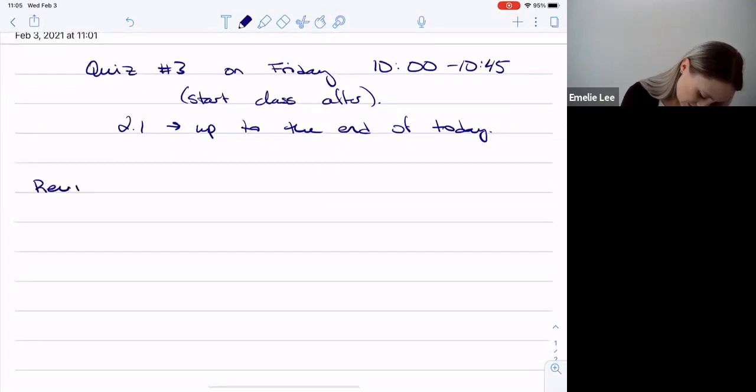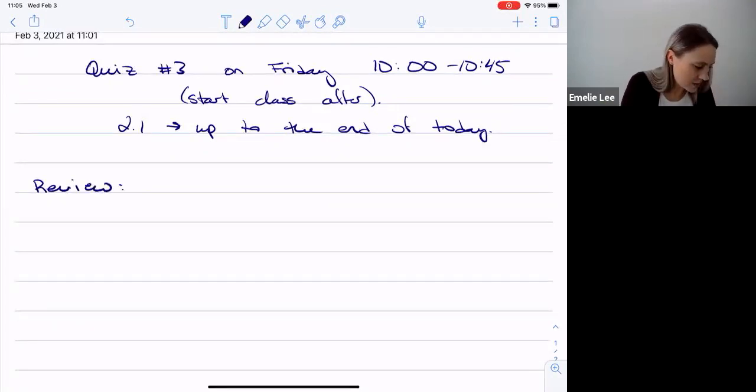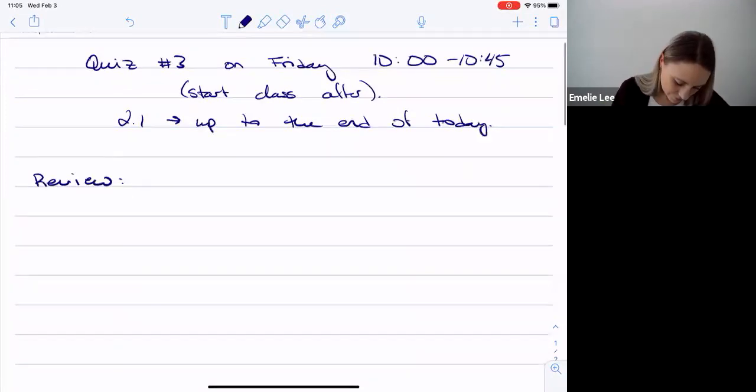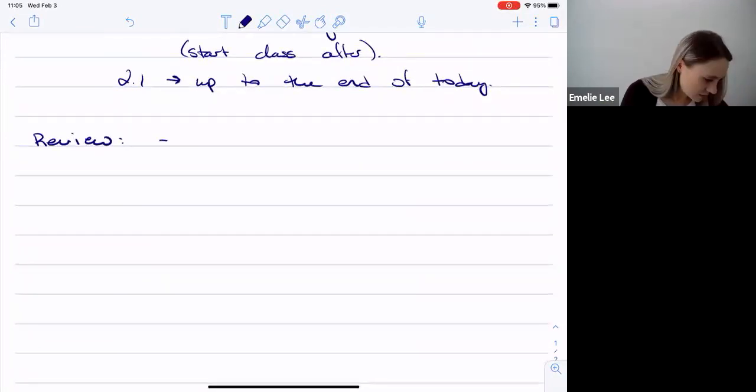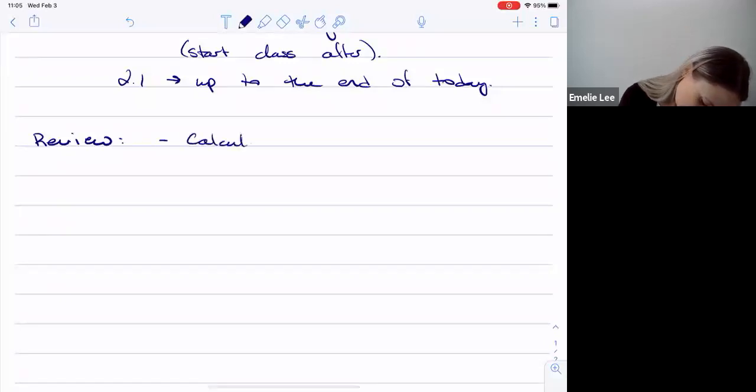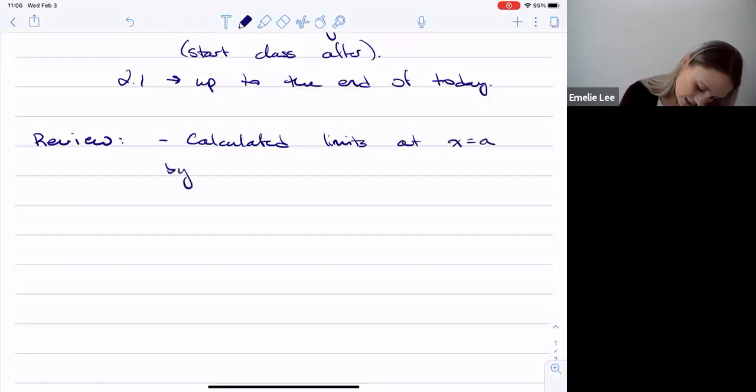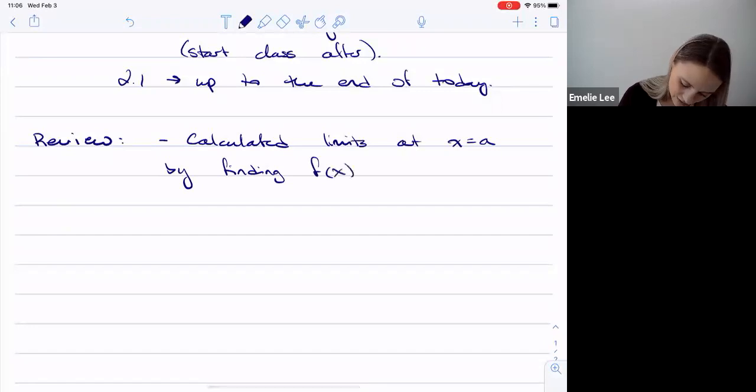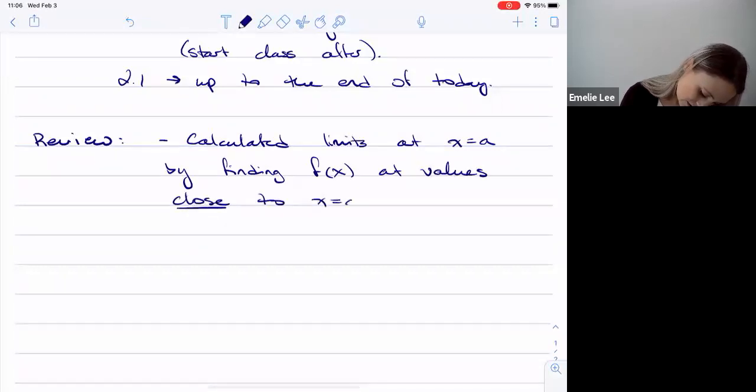So just as a quick review, we calculated limits at x equals a by finding f of x at values close to x equals a.